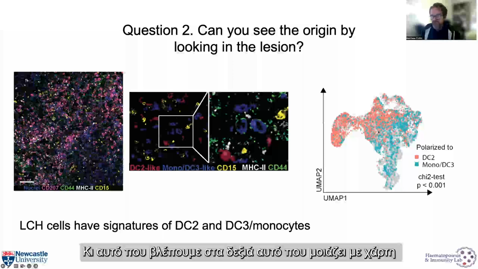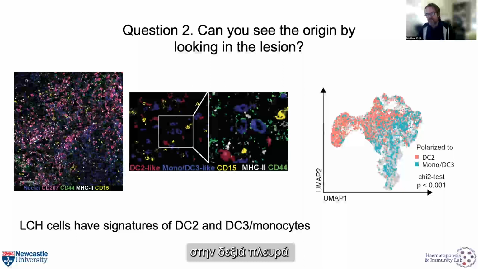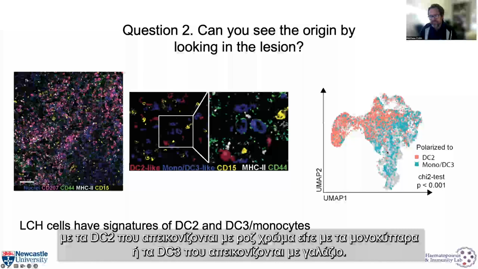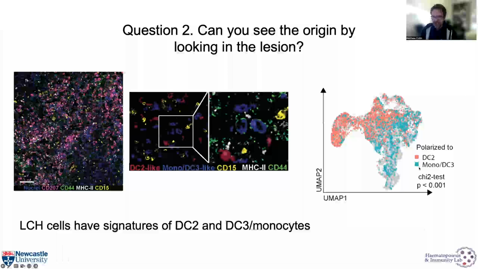And this plot that looks like a bit of a map on the right-hand side here, again shows every dot is a single cell, and they either have a relationship with DC2 in the pink or DC3 monocyte in the blue.